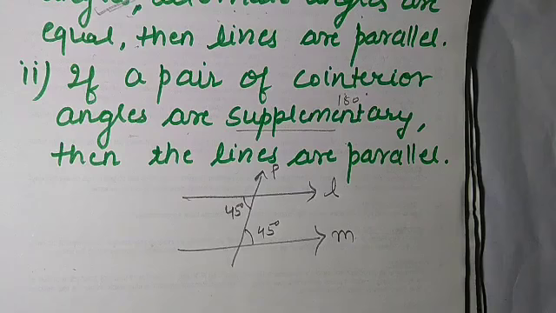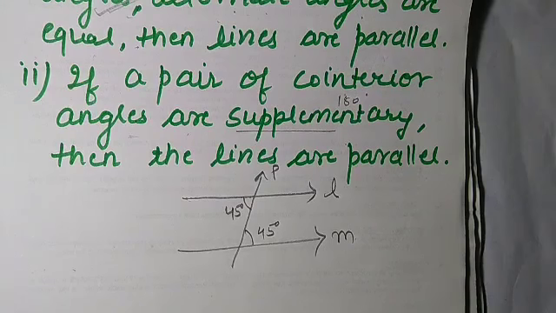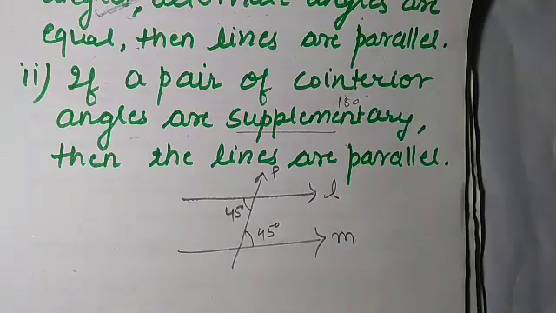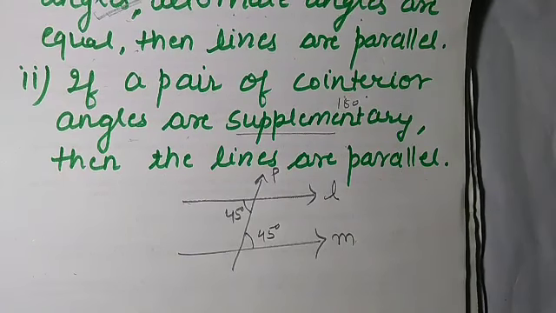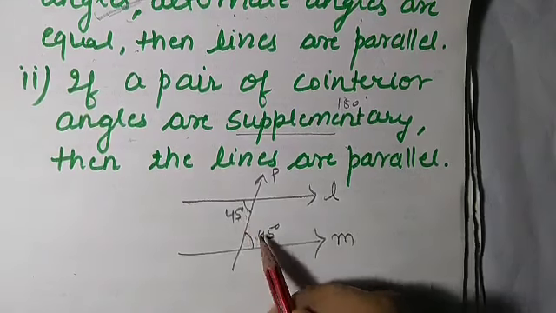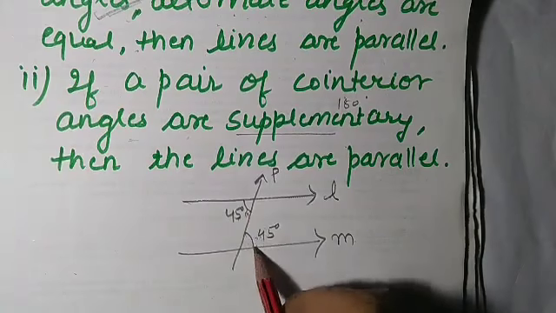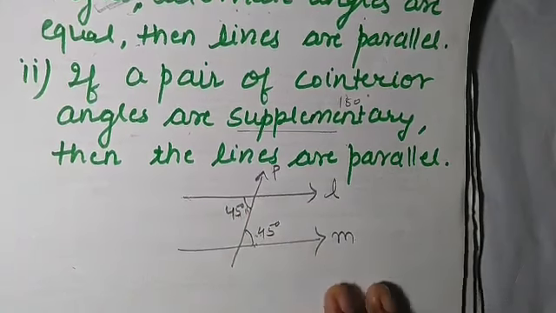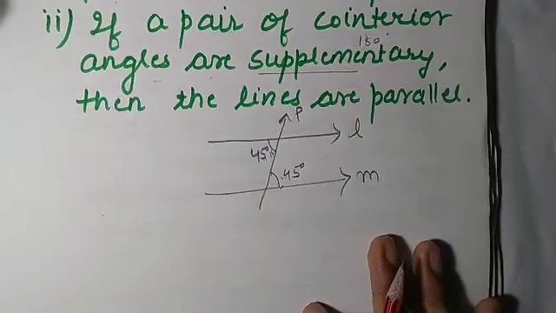You only have to check any one pair, not all the pairs, and you have the choices. Either you can check corresponding angles, or alternate interior angles, or check that the sum of co-interior angles must be 180. Here, these are alternate interior angles. So these are equal, and I can say that line L is parallel to M.